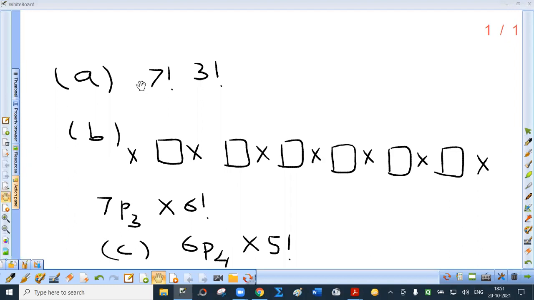Now A part. We consider 3 vowels as a single letter.